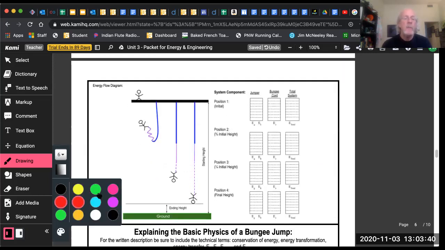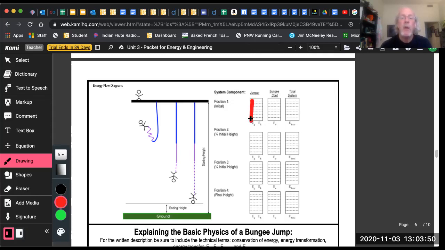So now, if we have our jumper at the very top, position 1 up here, the jumper has gravitational potential energy, yeah, there's a lot, but there's no kinetic and there's no elastic. And so the total just looks like that. We know at the bottom, there's very little gravitational.